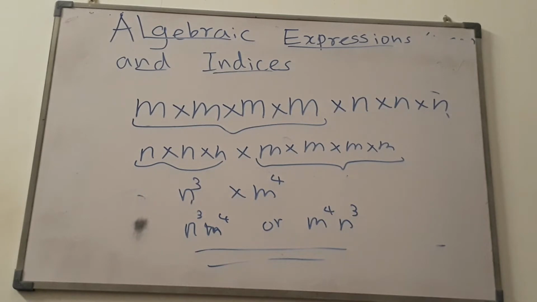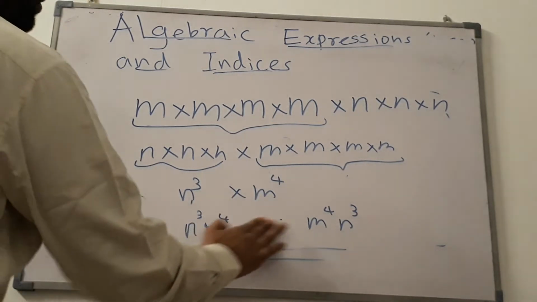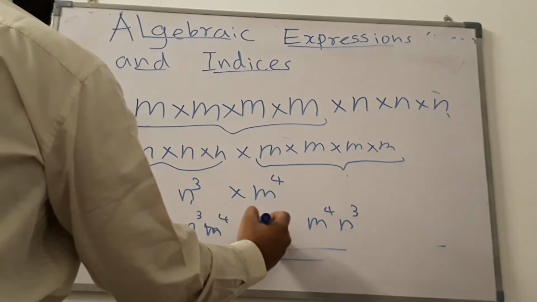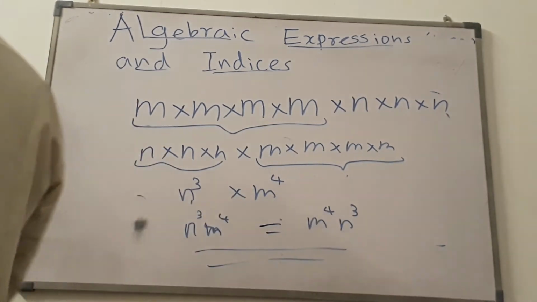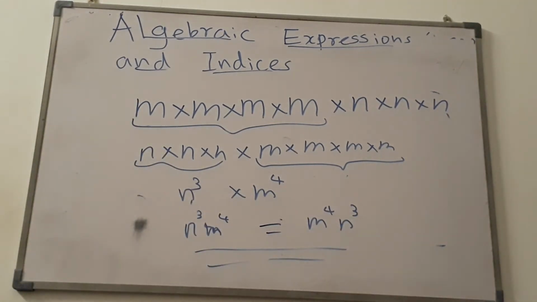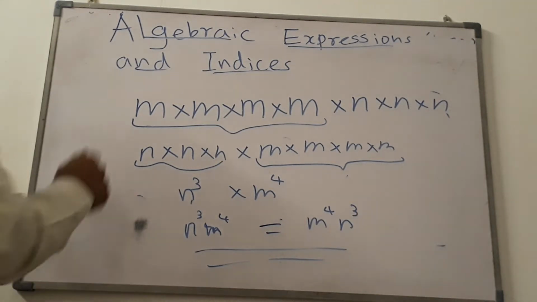Okay. So we can say n cube m to the power 4 means these two units are equal. Okay, I am going to do some sums on this.